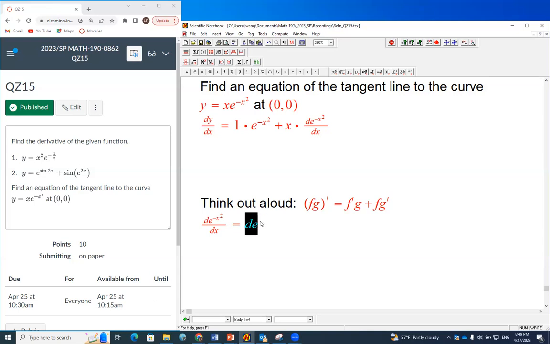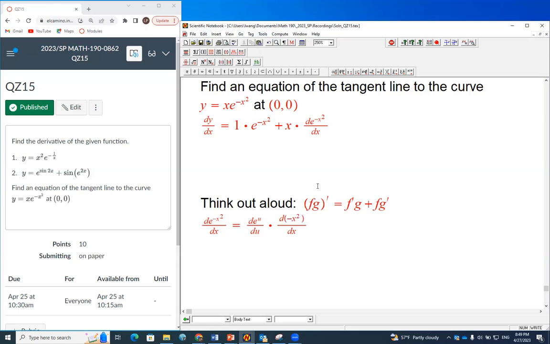Right here, right? So we're going to make this u. And then this is going to be du divided by du multiplied by du and dx. And what is u? u is negative x squared.